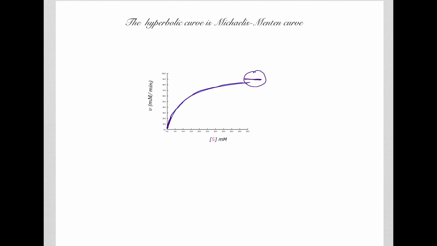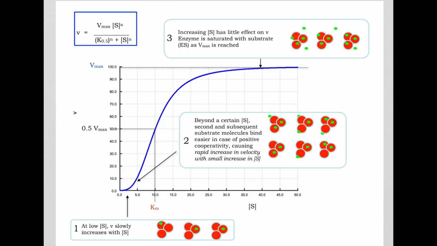The enzyme has become saturated and cannot work any faster. In case of the sigmoidal curve, once again we see a gradual increase and then a sudden dramatic increase, and finally reaching the plateau phase. And this is what gives the sigmoidal curve its S shape.